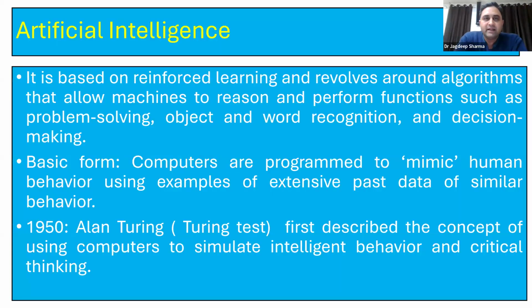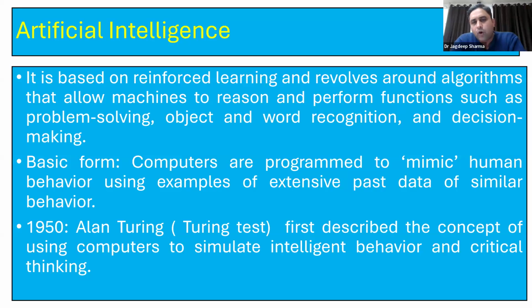Coming to the main theme today, that is artificial intelligence. Artificial intelligence is based on reinforced learning, and it revolves around algorithms that allow machines to reason and perform functions like problem solving, object and word recognition, and also helping in decision making.